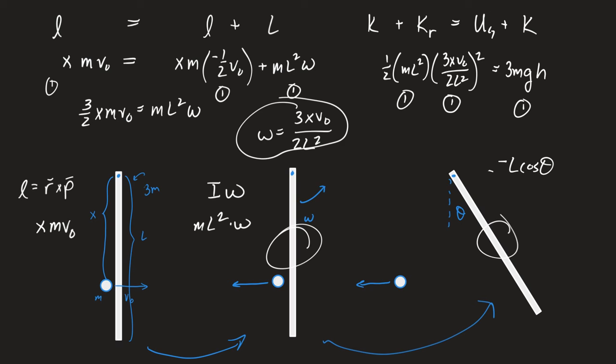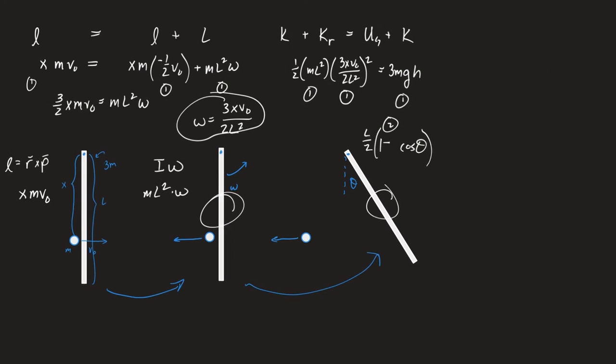So, although I think you have to do this substitution, you have to do it with L over 2. I bet that's 2 points right there. One for using L over 2 for the value of L, and one for subbing in that 1 minus cosine theta thing.